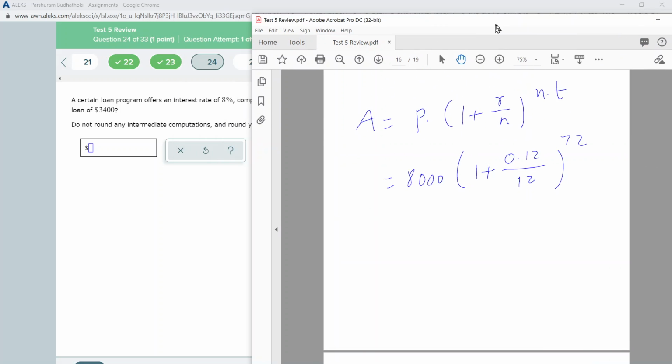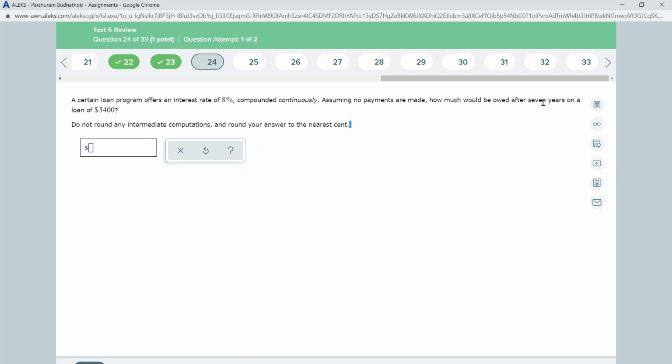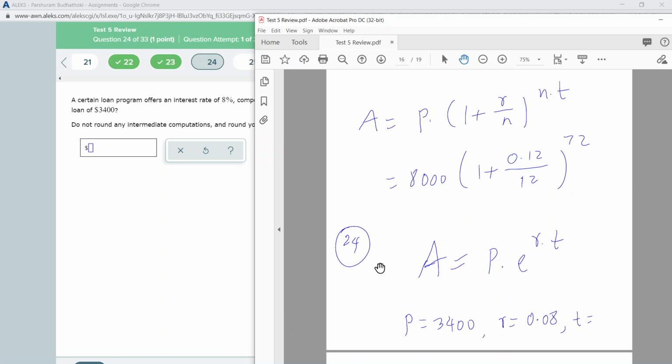This time we have to use A equals P times e to the power r times t. The principal is 3,400, the rate is 8%, so we divide 8 by 100, and time is 7 years.